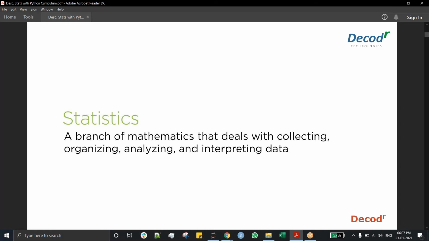Once the data is organized, we move on to analyzing it. Then based on the results of the analysis, we can interpret our data. For example, 50% of the people in this class are between the ages of 25 and 30, and so on. These are all interpretations. Once we have the data, we organize it, analyze it, and interpret whatever conclusions we derive from it. That is all statistics is about.